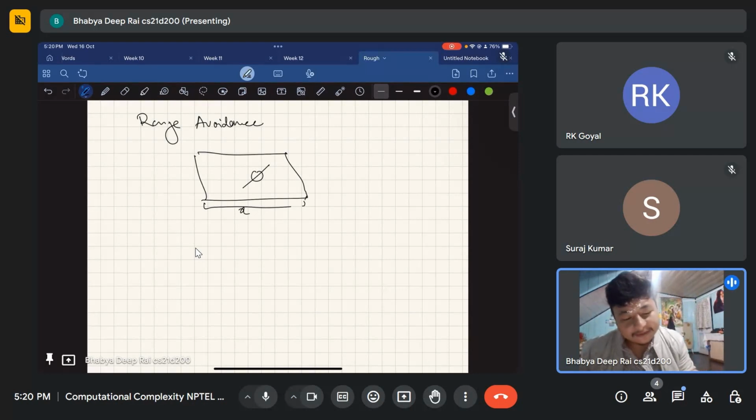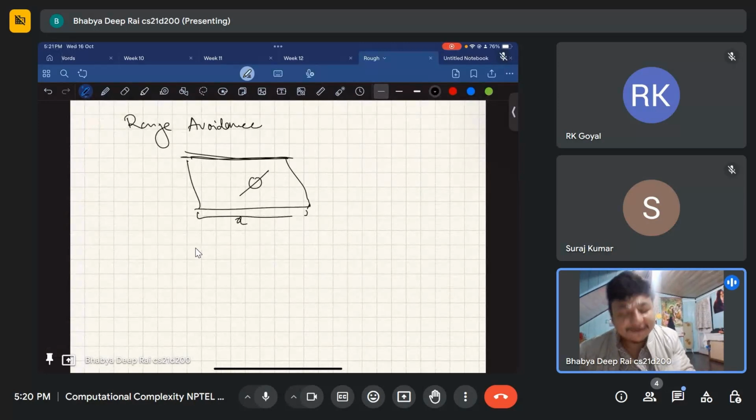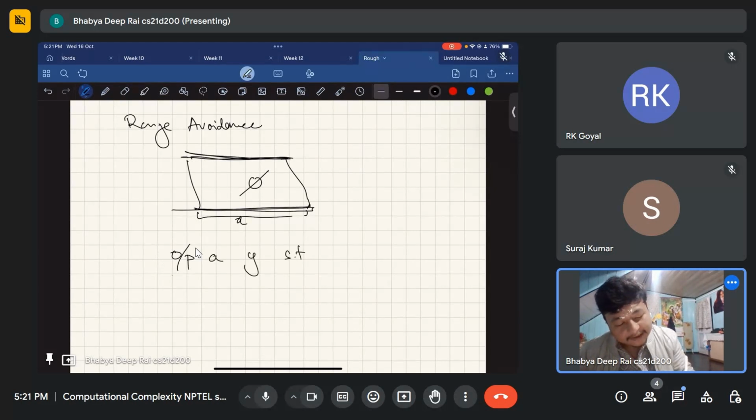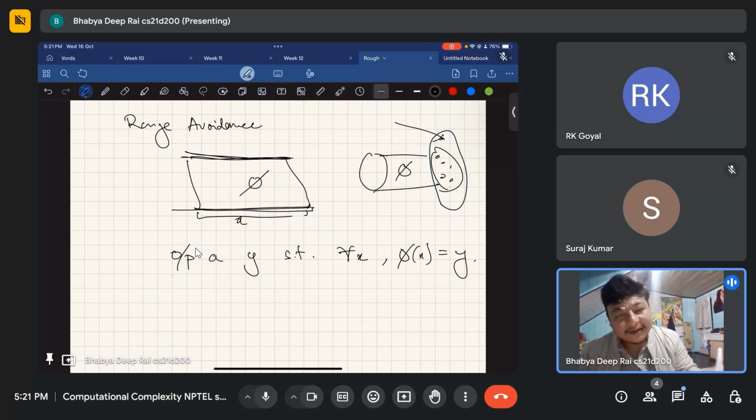By the pigeonhole principle, or sort of the anti-pigeonhole principle, you always have an output that will never appear because the number of inputs is larger. So give me the output y such that for any input I give, the evaluation will never give me y. If I have the set of inputs and phi maps it to a set of outputs, give me something that is outside the range, something that avoids the range. That's why it is called the range avoidance problem.